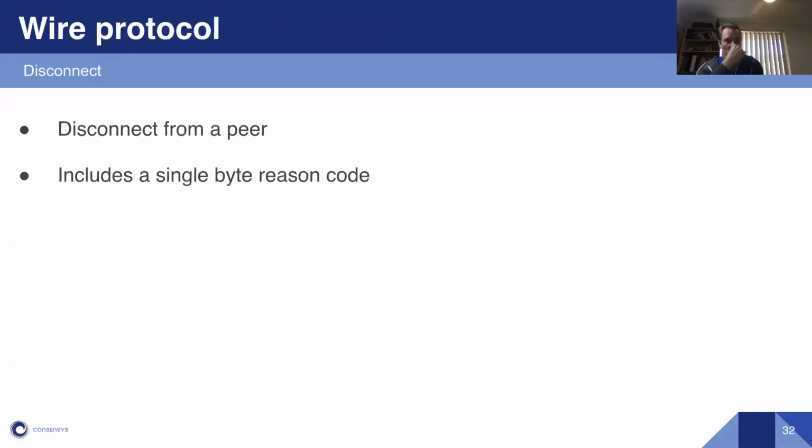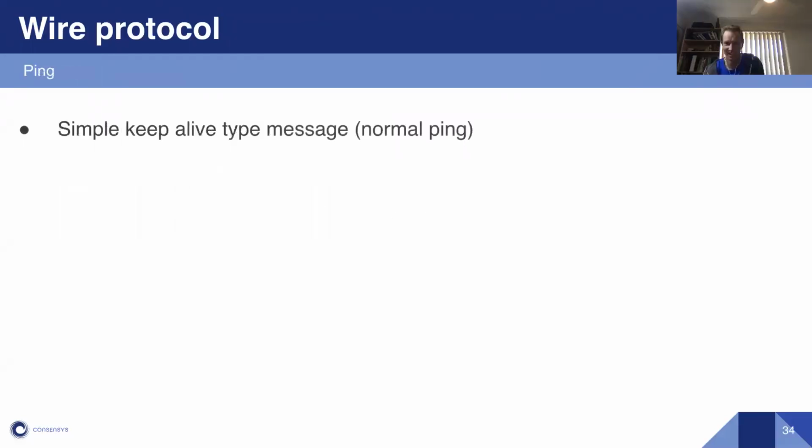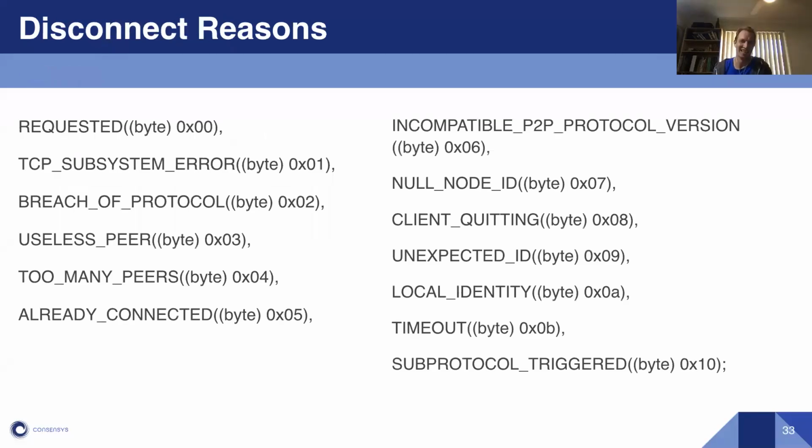The disconnect is what you use to disconnect from a peer. And when you do a disconnect, you include a single byte reason code, where here's the list of reason codes. I'll test you at the end to see if you remembered this, and I'll move on to the next slide. No, I guess just to say, there's a bunch of different reasons that you might want to disconnect, and it's polite to try and tell people why.